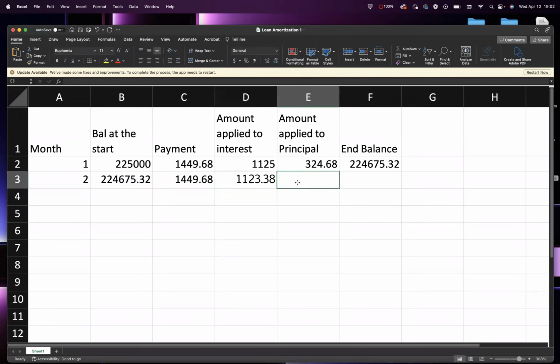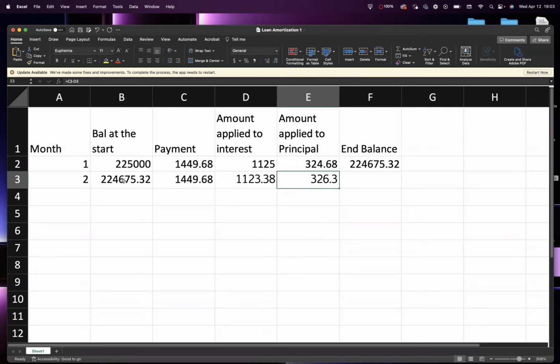Amount applied to principal, the formula is the same. Get the payment for that month, which is in C3. So equals C3 minus the interest for that month, and that value is in D3. Hit enter. Finally, the closing balance for the month is going to be the beginning balance minus the amount applied towards the principal.